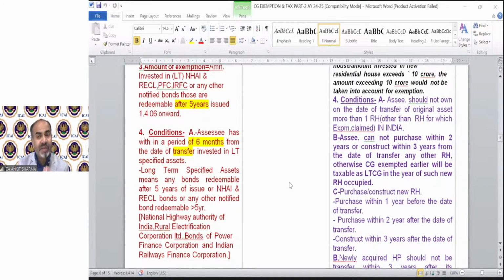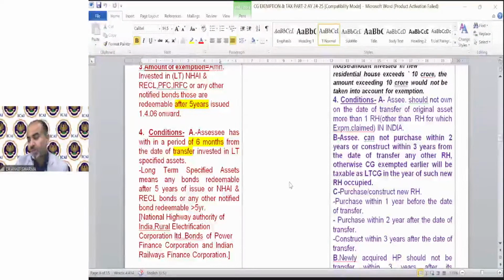At the time of transfer, what are we transferring? We are not transferring a residential house. So at the time of transfer, the assessee can have one extra residential house, other than the one for which exemption is going to be claimed.